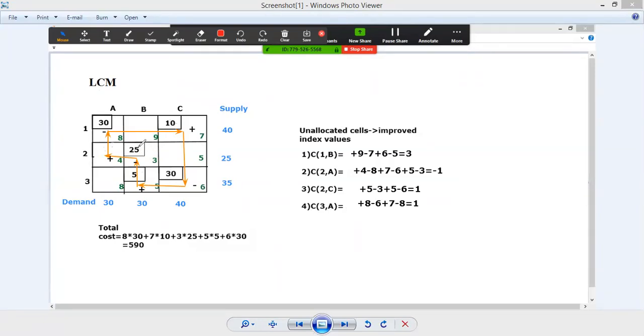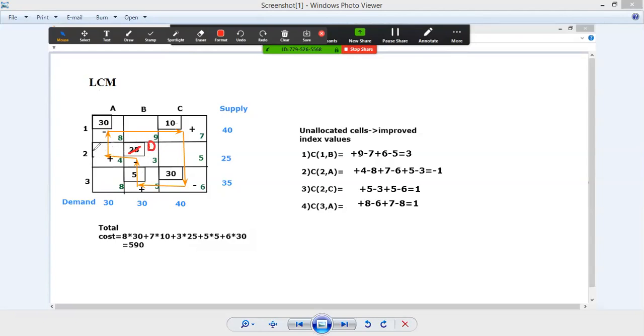Now what we have to do is add this 25 to the cells having a plus sign, and subtract this 25 from the cells having a negative sign. Let us start from this particular cell. This cell has a negative sign, which indicates that we have to subtract 25. 25 minus 25 will be equal to 0.